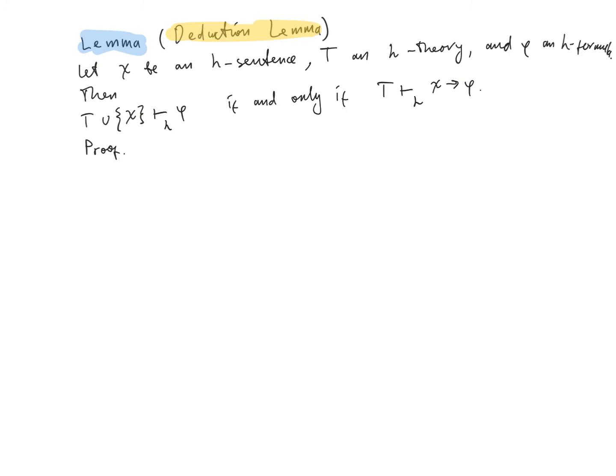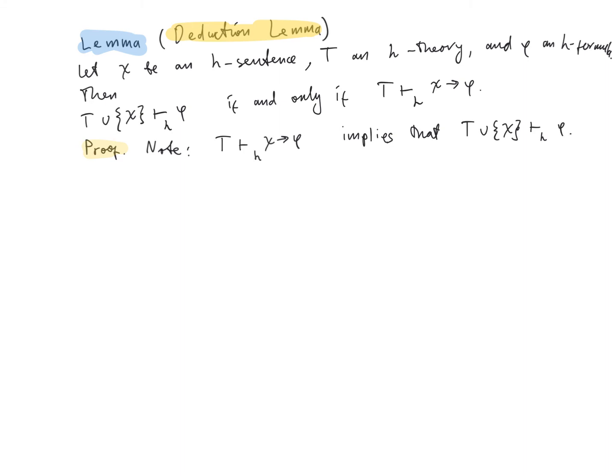Proof. First, note that T proves the formula chi implies phi would imply that also T union the sentence chi proves the formula phi.